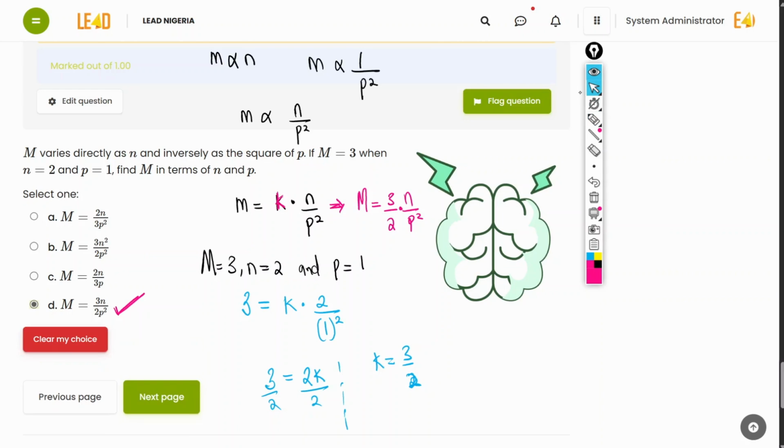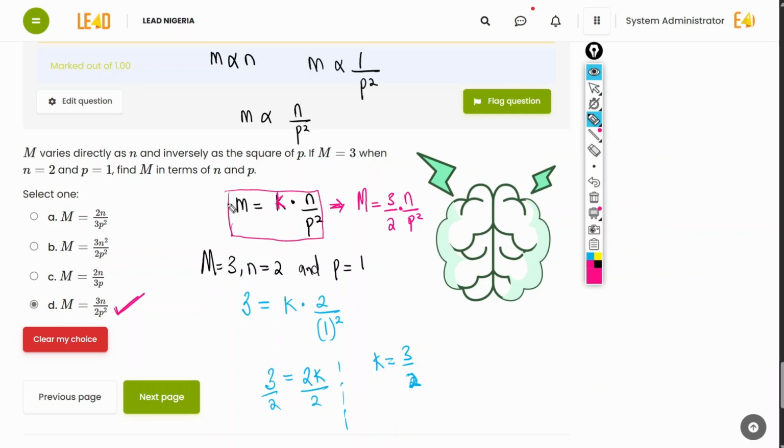Again, very simple. It is a joint variation. So they told us the relationship with n that was direct, and the relationship with p squared that was inverse, right? So I just wrote out what the relationships were. Then I went on to combine them to create a joint variation. Then I went on to introduce a constant right here.